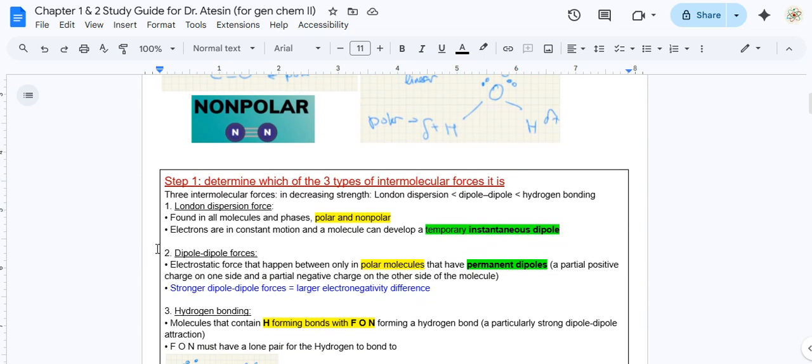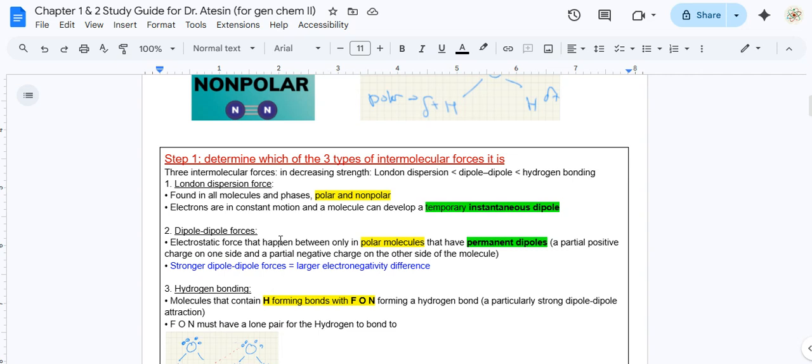Now the next intermolecular force is dipole-dipole forces, which only happen between polar molecules. And these polar molecules have permanent dipoles. So there's a partial positive charge on one side and a partial negative charge on the other side.